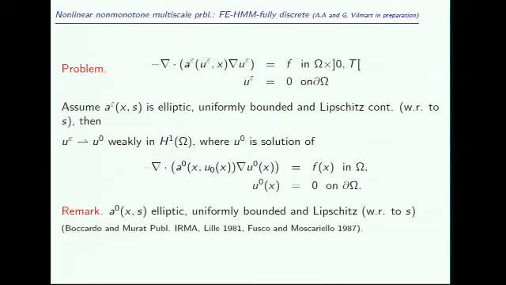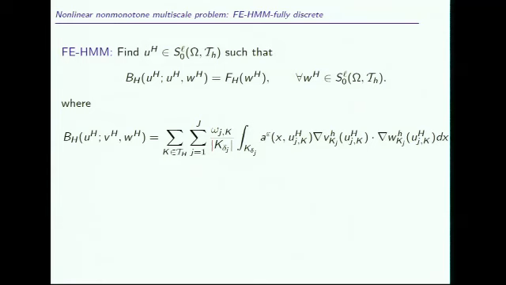I have here now the tensor which depends on epsilon. Okay, an oscillating tensor. I have also a notion of homogenized equation and homogenized coefficient, and that was derived, I think, first by Boccardo and Murat, and later on by Fusco and Moscariello. Okay, so the players are as before.